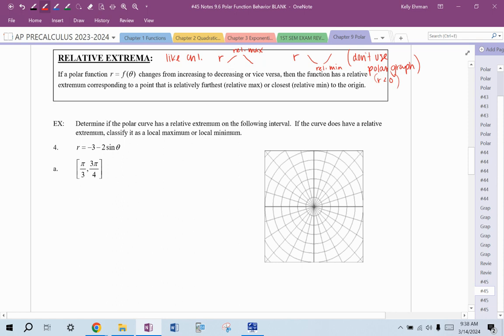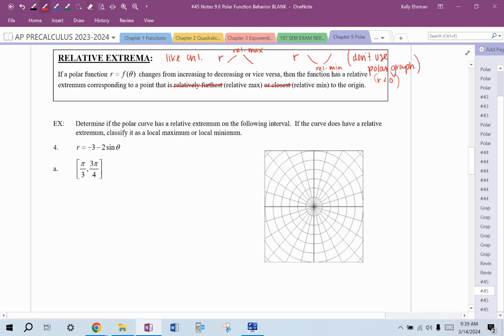The relative max is not necessarily where the graph is always going to be furthest from the origin, and the relative min will not always be where it's closest because, again, negative R values kind of mess things up. You could have a relative minimum at the end of a petal where R is negative, and you're definitely not closest to the origin if you're right here. So let's just cross that out.